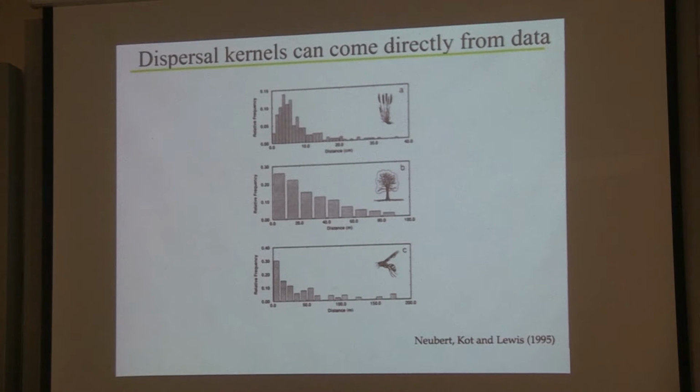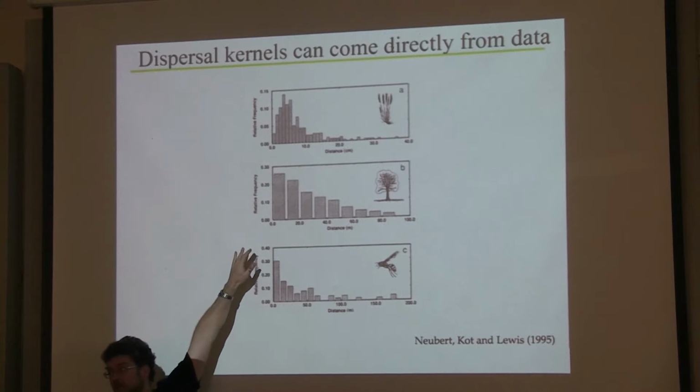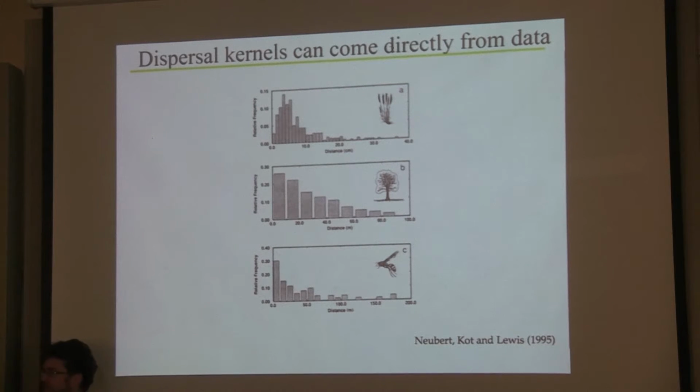Rather than thinking in continuous time, we're going to shift to a discrete time formalism, where there's yearly reproduction and then dispersal for a fixed amount of time. In this case, this is dispersal of seeds, I think elm seeds over a year. It shows where the seed landed relative to where it started.